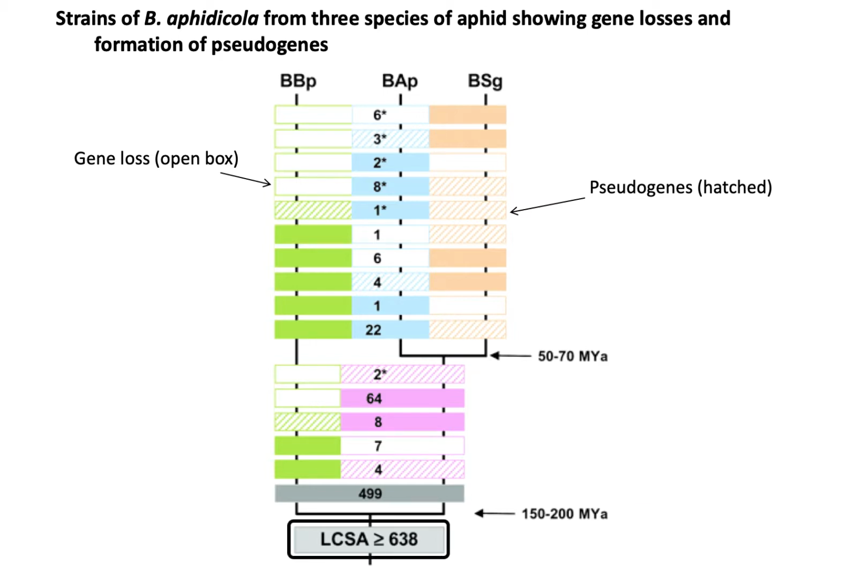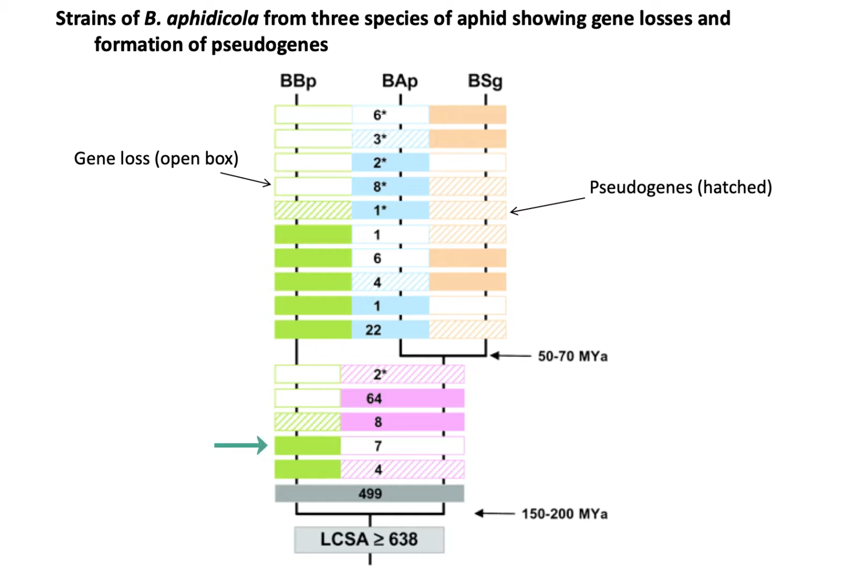So the last common ancestor had more than 638 genes, but then the common genes in these three that have changed, there are 499 of those. In some cases, the genes are retained, as here in green, whereas the same four genes have become pseudogenes in these other two strains.